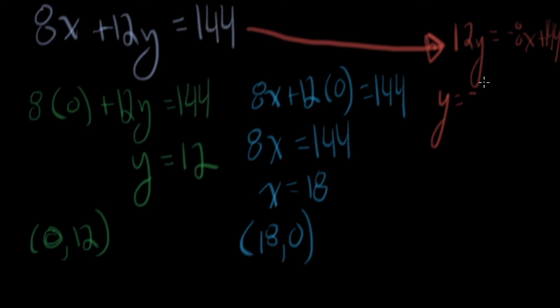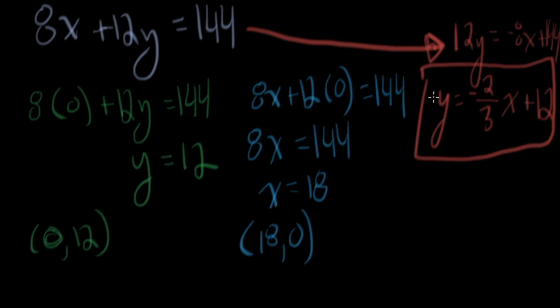So divide by 4. So your slope is like that, plus 12. So there's your slope-intercept form. So you can go and graph that. Or you can just use the intercepts. It's up to you. So y equals negative 2/3 x plus 12. Or you can use the intercepts of 12 and 18.